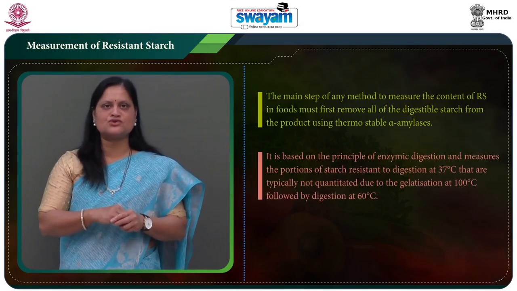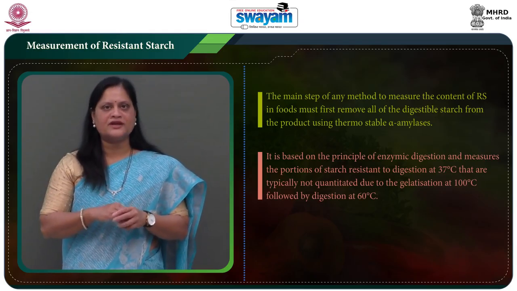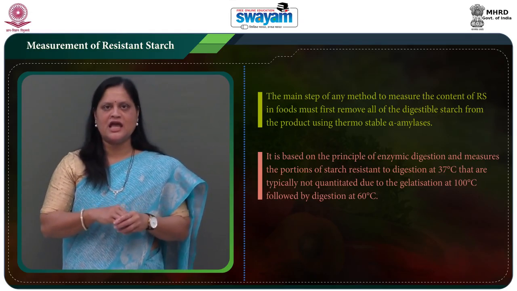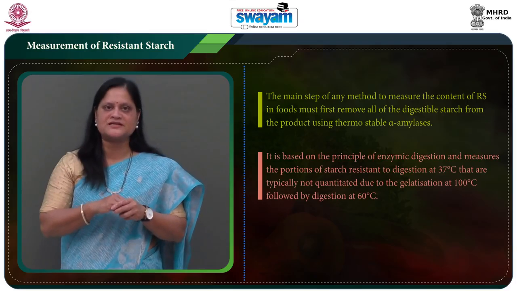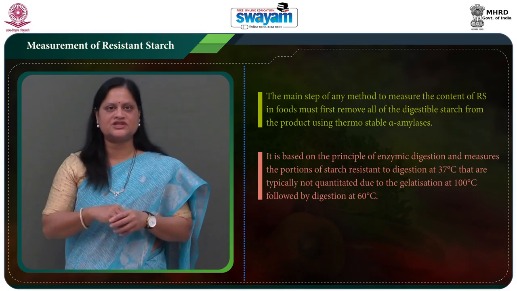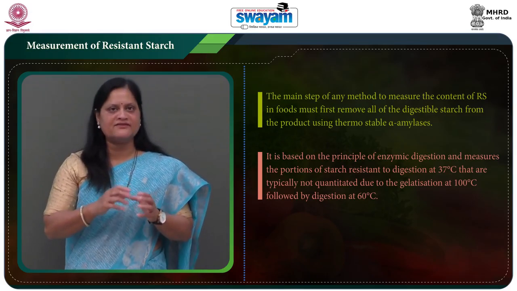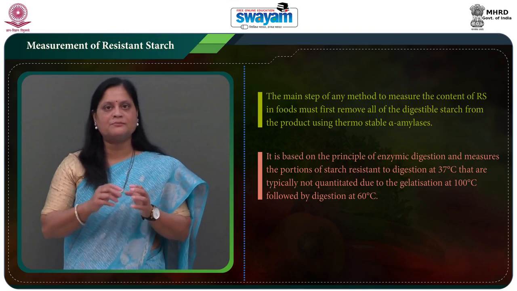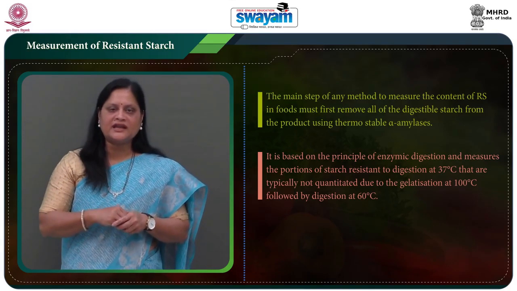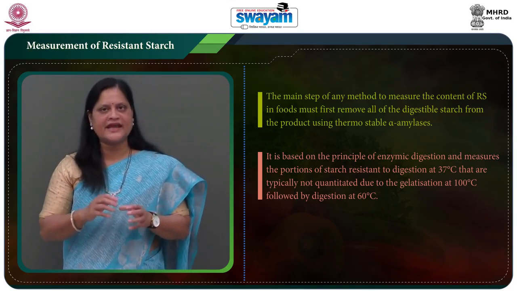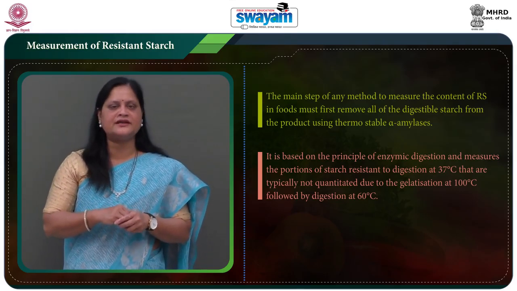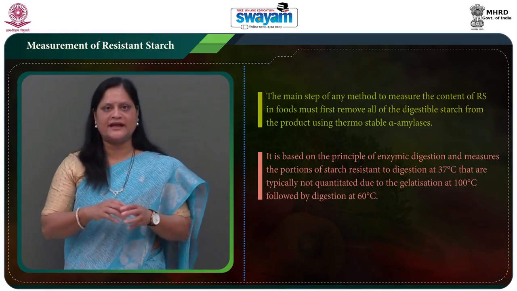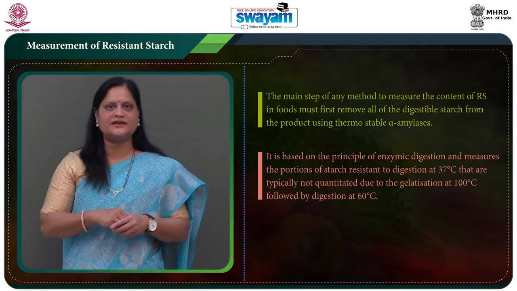It is based on the principle of enzymatic digestion and measures the portion of starch resistant to digestion at 37 degrees centigrade, which is typically not quantified due to gelatinization at 100 degrees centigrade followed by digestion at 60 degrees centigrade.